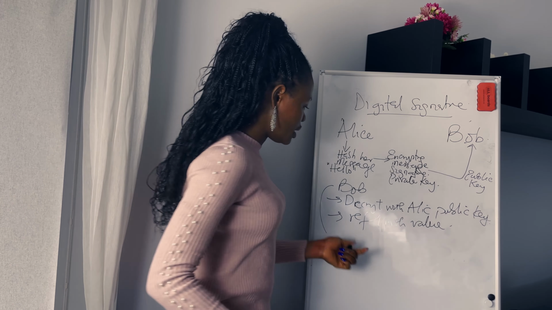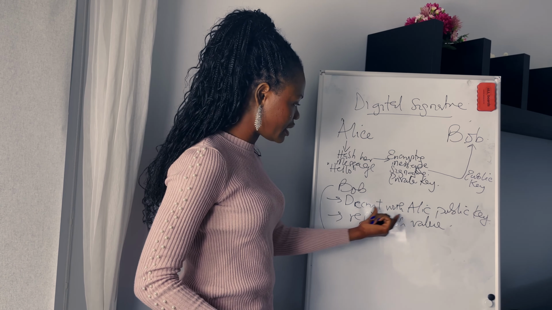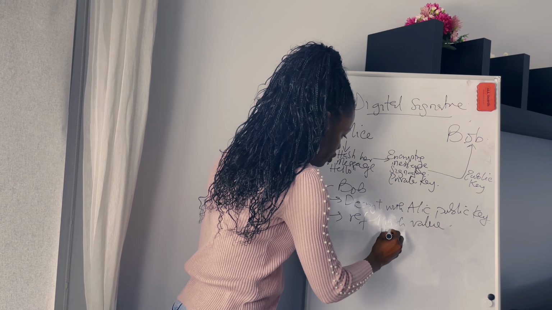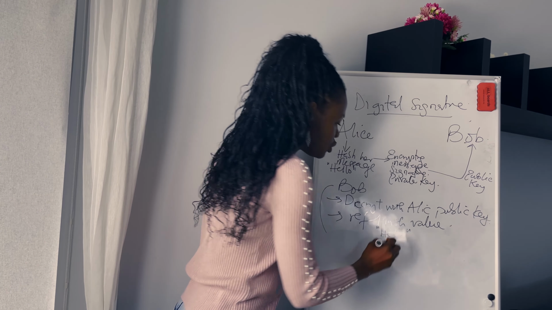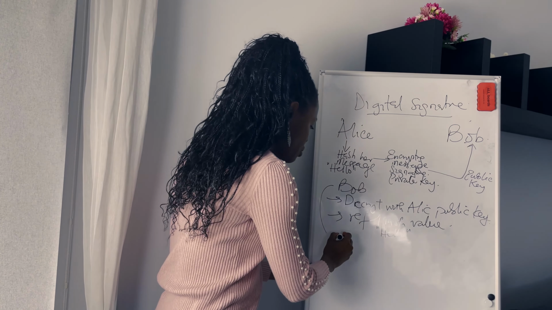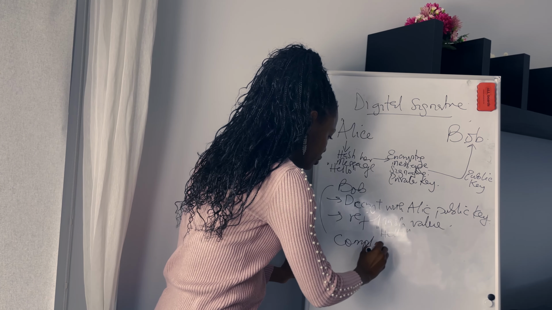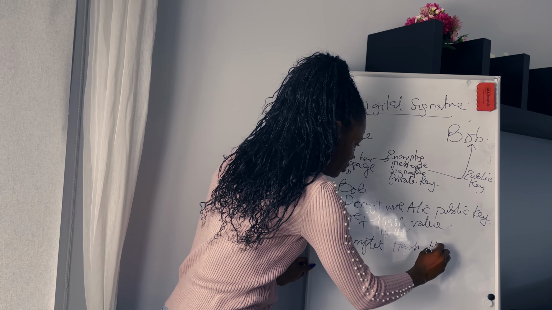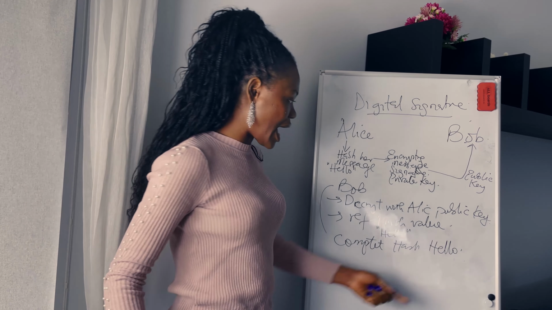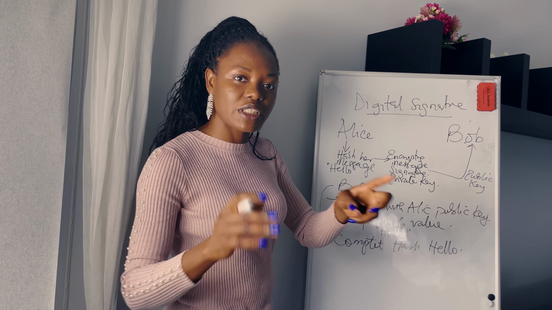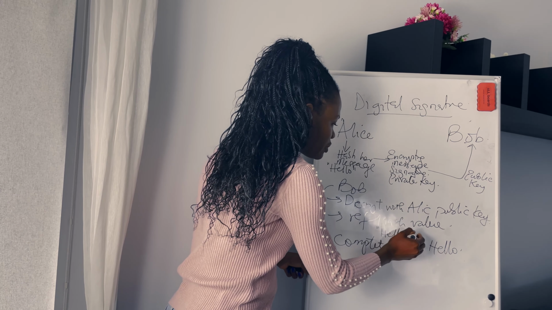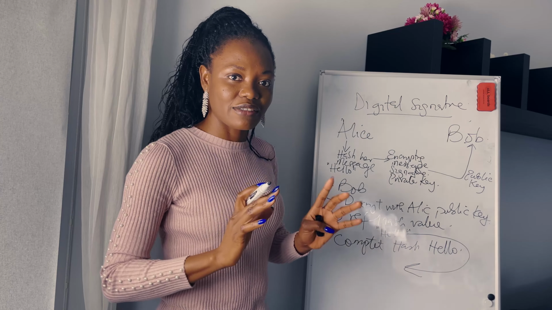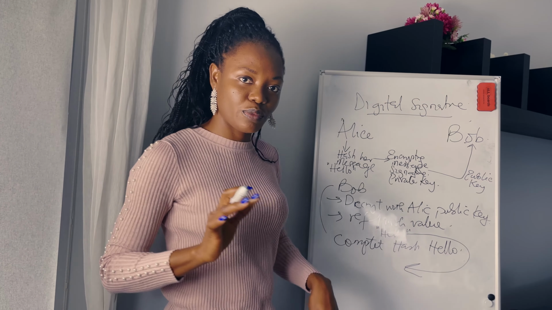When Bob decrypts with Alice's public key, the reference hash value would be for hello. But Bob will not believe this hello yet. Bob would compute the hash for hello, and once Bob gets the hash, we'll compare it with this, and then we'll be able to say that the hash value is the same. I hope you understand this.